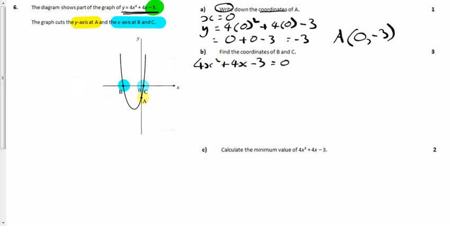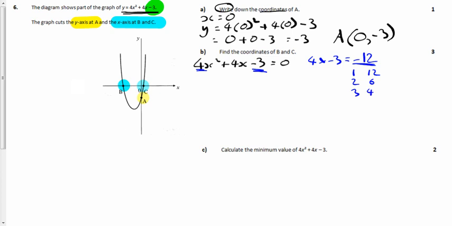Now, need to take care here. 4 times minus 3. So I'm using the magic number method. So I'm looking for numbers that multiply to give me negative 12, that add up to give me positive 4. Again, I'd be encouraging you to write down pairs of factors in an organised way.